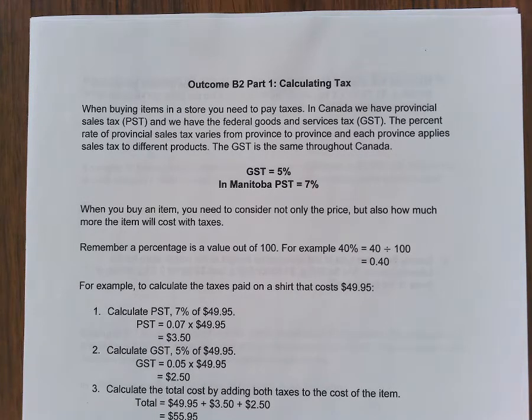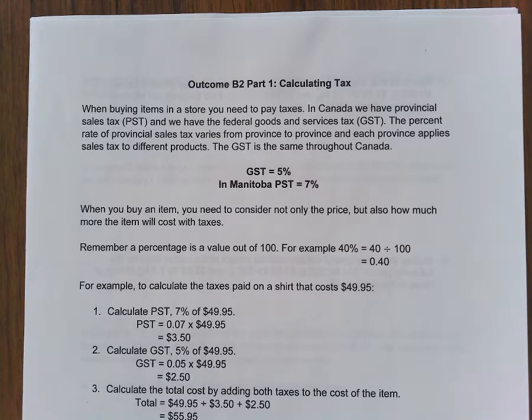of something. So remember that a percentage is a value out of 100. So you're going to want to change your percentages into decimals by dividing by 100. Once you do that, you can easily multiply to calculate your tax.